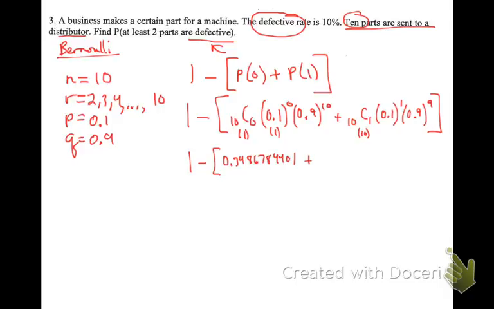Add that to what you get when you type in 10 times 0.1 to the first times 0.9 to the 9th, which gives you 0.38742049.